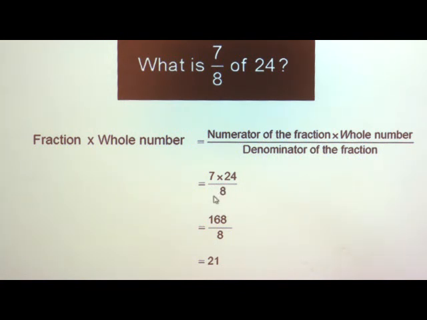Here, see, 8 ones are 8, 8 3s are 24. Then you can write the answer directly, 7 3s are 21. Otherwise, you can multiply: 24 7s is 168, divided by 8. If you do the division, 168 divided by 8 is 21.